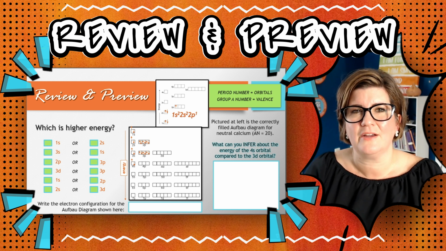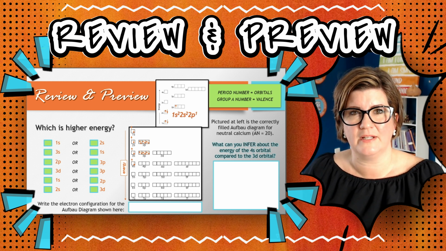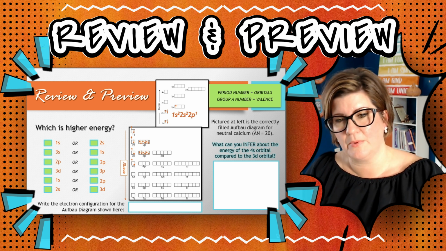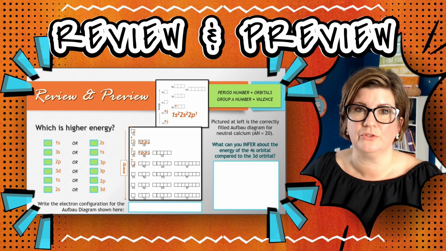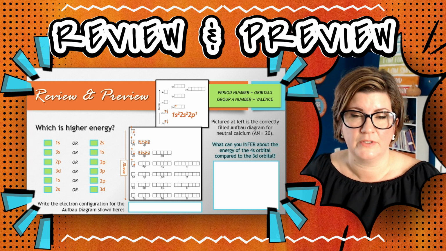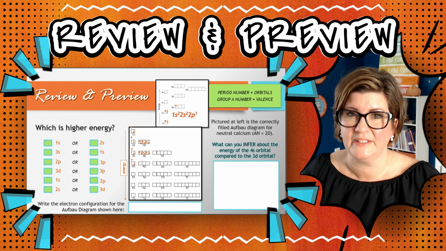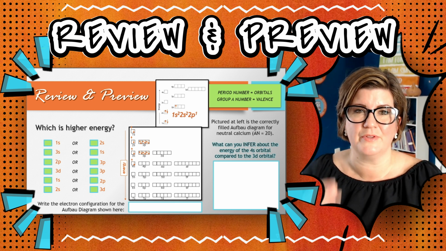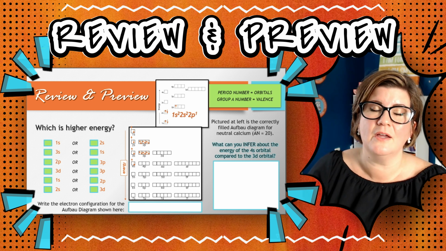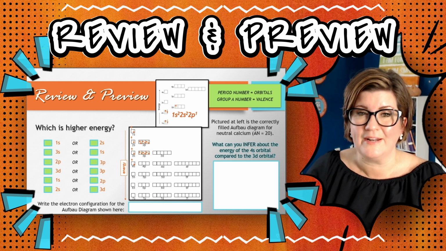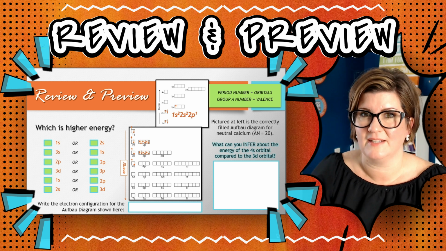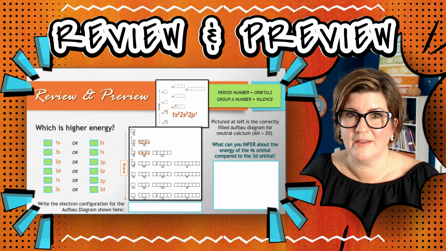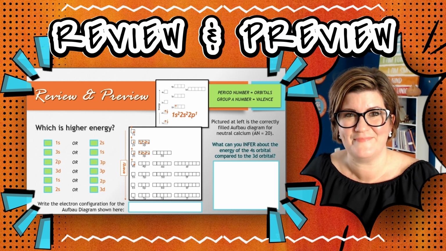So it's almost like an exit ticket at the start of class also. But you can see here in the realm of what we're doing today, which is tying electron configurations to the periodic table, coming off of learning and practicing filling orbital diagrams, this is highly relevant. So the whole Aufbau principle, that we have to fill orbital boxes or energy levels before moving to the next, makes comparison of energy levels something they need to know and be able to do.